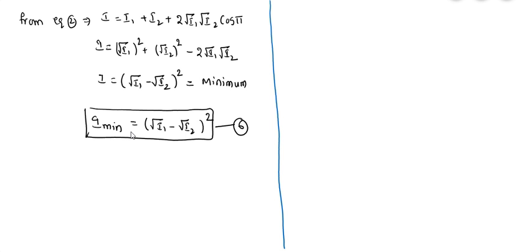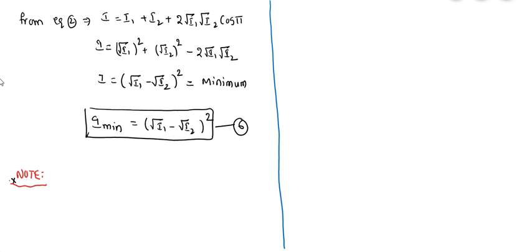Now, if you find the ratio of these intensities, we can try to simplify. By simplifying, we can write at one place what you got here. Note what you got here: the maximum intensity, the minimum intensity, the maximum amplitude, and the minimum amplitude.